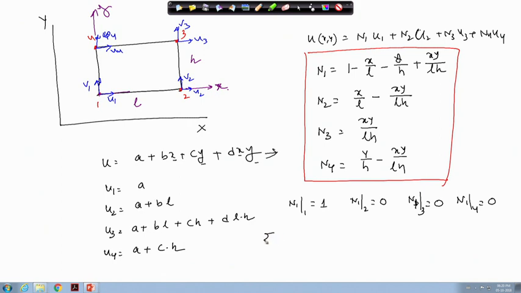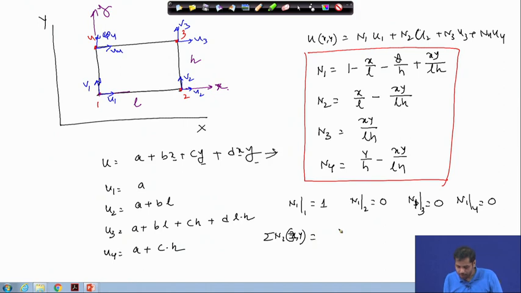If we take the summation of ni at any arbitrary point, the x by L terms get cancelled, and so do the others. So, the sum of all the ni is equal to 1 always. By construction itself, you do not have to do that exercise. So, this is the partition of unity property, an important property.